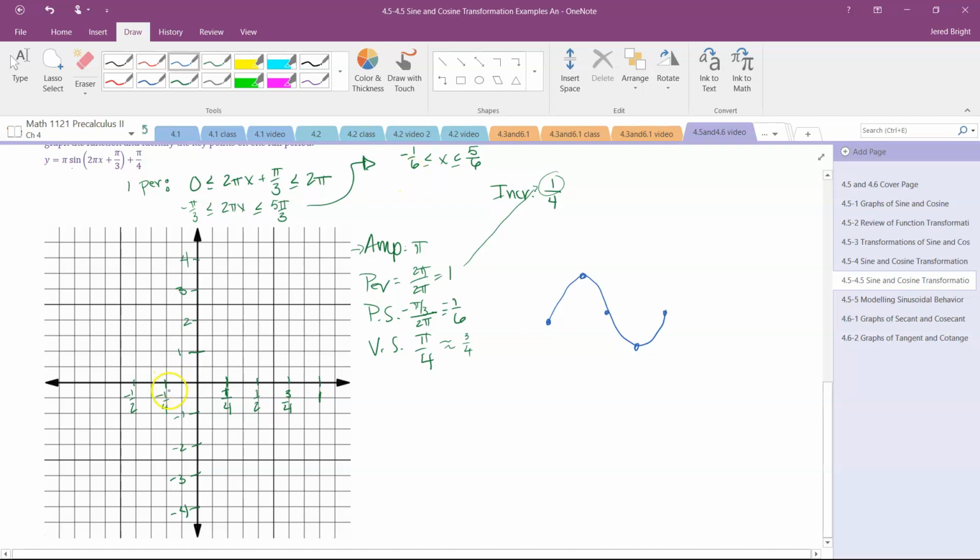Okay, so 1/4 is 0.25, 1/6 is about 0.16, so it's here-ish. And then from there, I would add 1/4, which would put me right about here, and then I'd be up at the maximum.